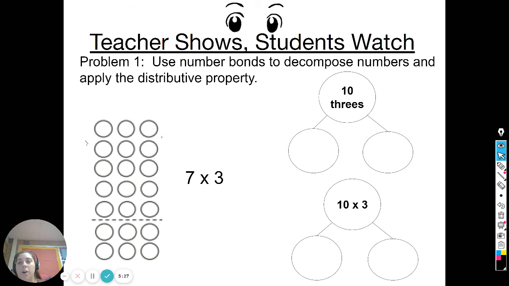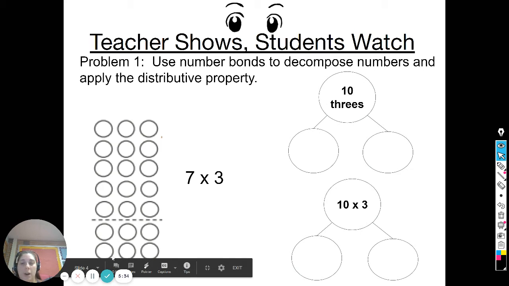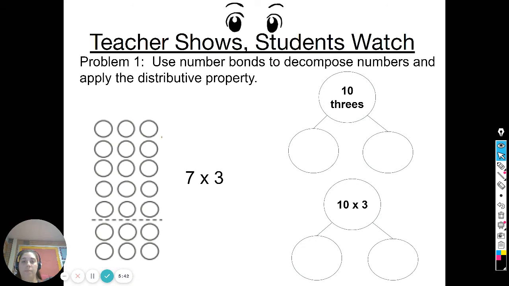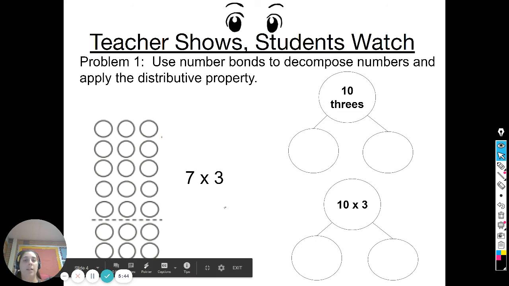So what we have is 1, 2, 3, 4, 5 rows, and then below the line there's 1, 2 rows. So we've taken the 7 rows of 3 and broken it apart into 5 rows of 3 and 2 rows of 3. Okay, so let's look at what that looks like.